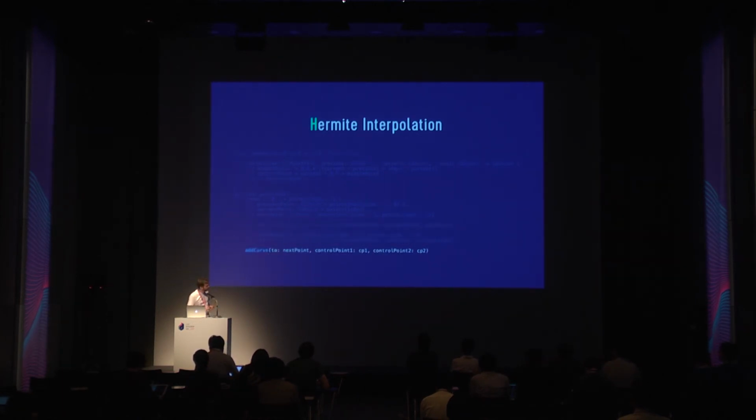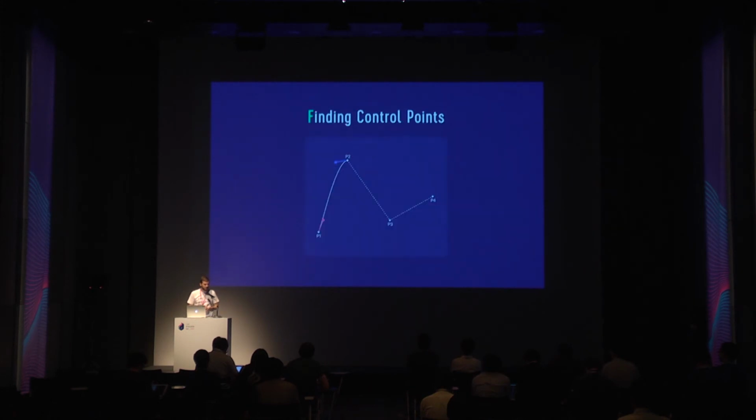So let's have a visual representation of this algorithm to give you a better picture. P1, P2, P3, and P4 are the points on the path. The curve between P1 and P2 has already been calculated. We want to get the curve between P2 and P3.